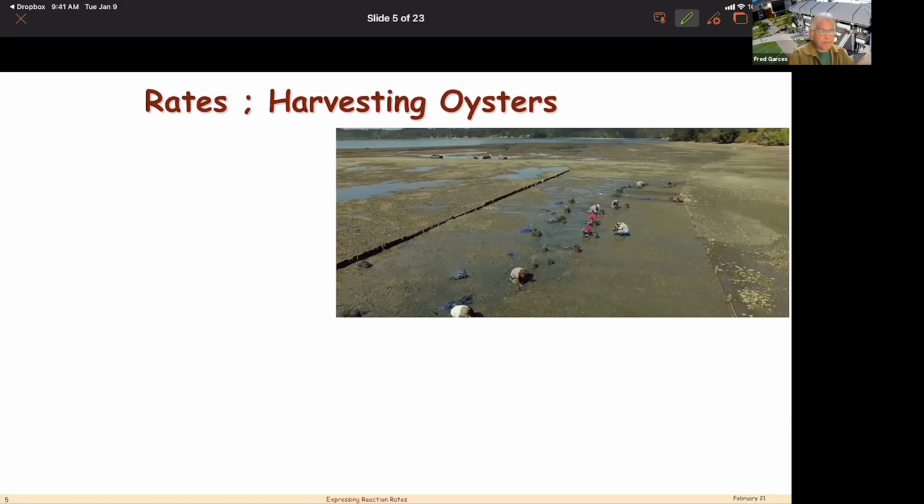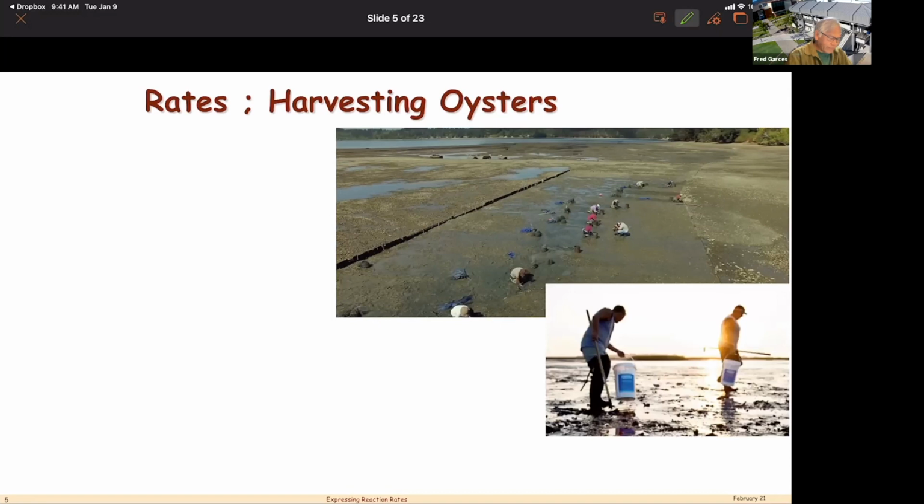I remember when my brother was going to a college in Washington. And in the summer, what they would do is they would go to the coast and they would collect oysters. Now that's backbreaking work where you have to bend down and dig oysters and then fill a bucket. And you get paid based on the bucket.